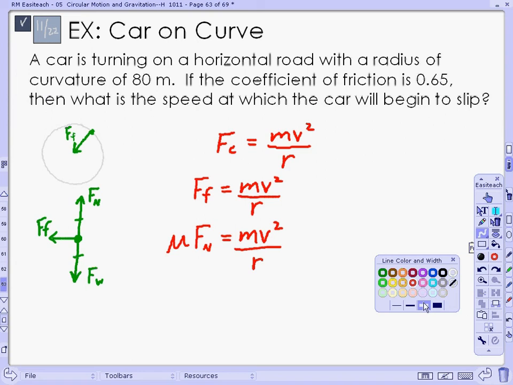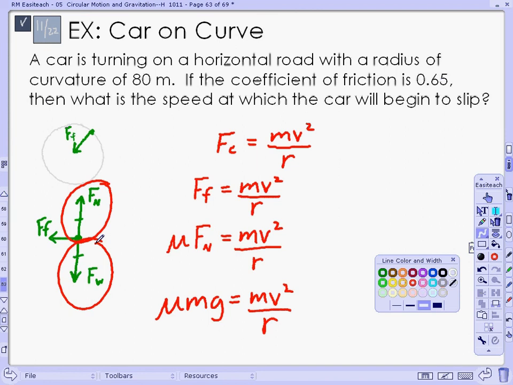Force weight. And by now we've gotten in the habit, instead of writing force weight, we just write mg. So we write mu mg is equal to mv squared over r. Again, because the normal force and the weight are equal.